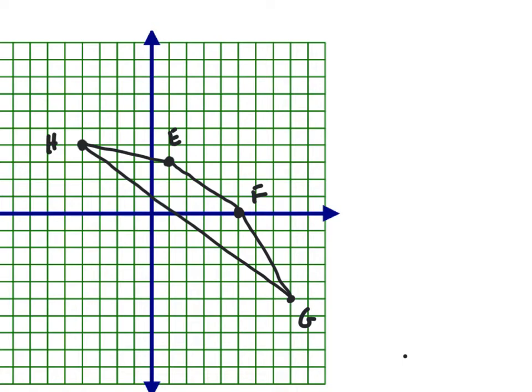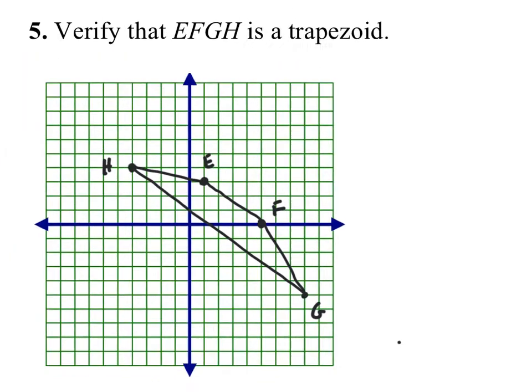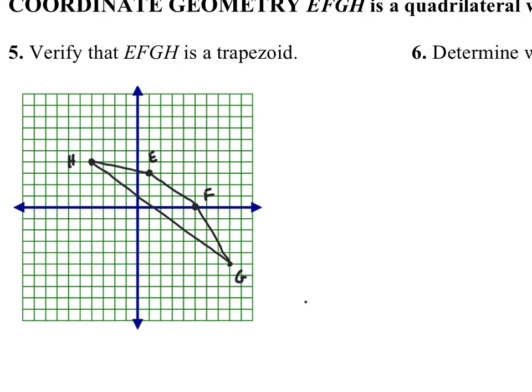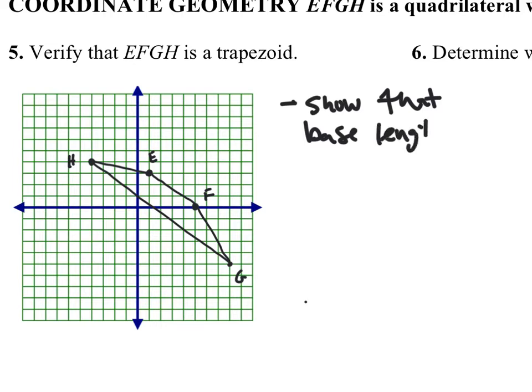So what I want to do first, to verify that it's a trapezoid, is show that the bases are parallel. The first thing I want to do is find the slope of EF.